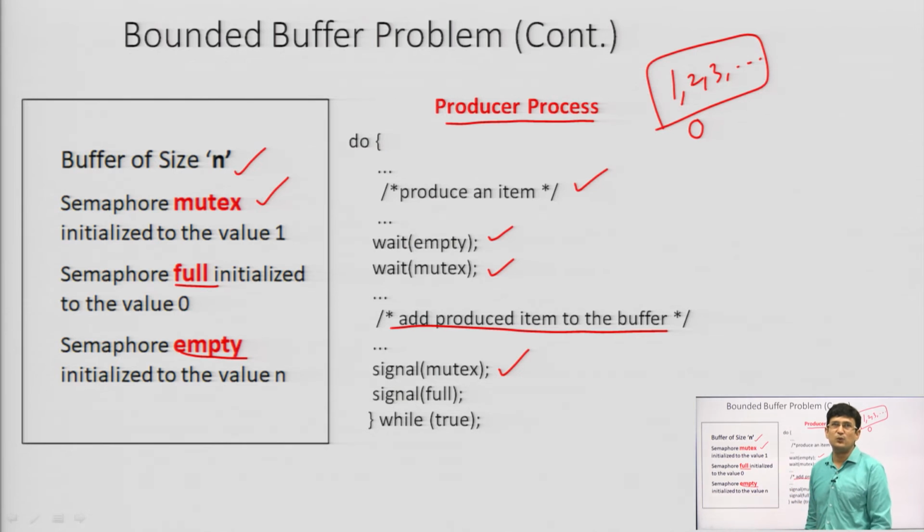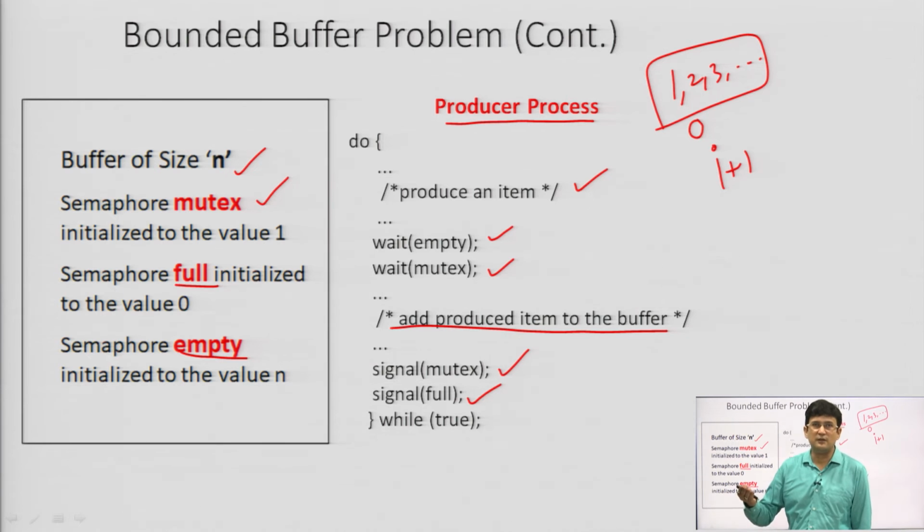If someone else wants to use the buffer, that process may do so. After this, since earlier let us say i number of full slots were there, by producing an item, the number of full slots must have increased by 1. So, signal full. The signal does only the increment operation, the plus plus operation, so the number of filled slots is increased by 1.